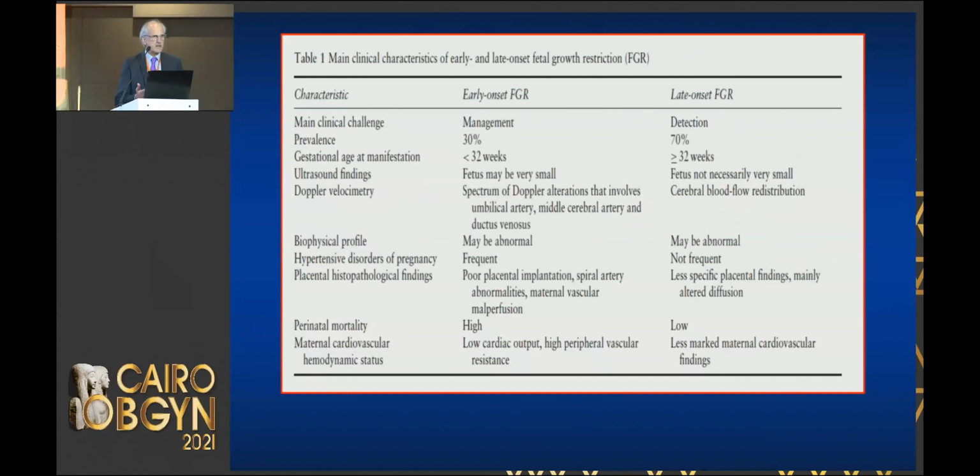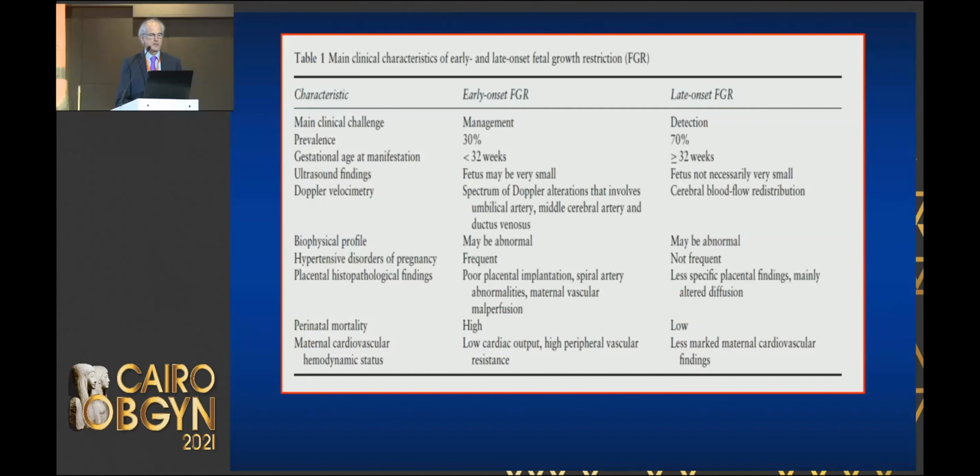Now, what are the main differences between these 2 types of growth restriction? The main clinical challenge is management with early fetal growth restriction and its detection with late onset fetal growth restriction, and then timing of delivery. The prevalence is 30% of all growth restricted babies for early fetal growth restriction, and 70% of growth restricted fetuses show late onset fetal growth restriction.